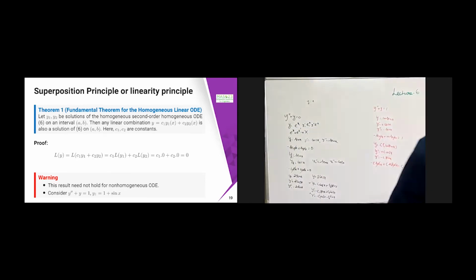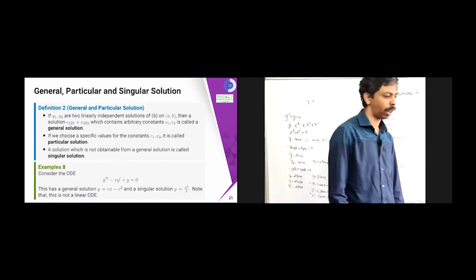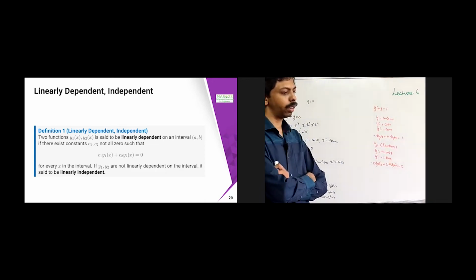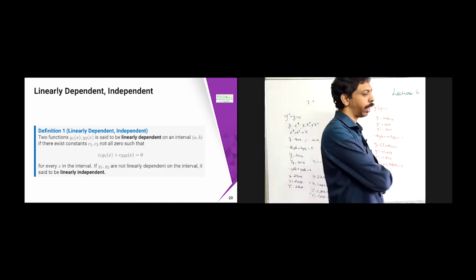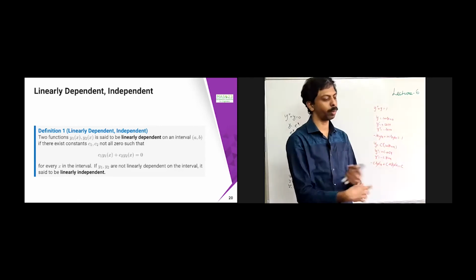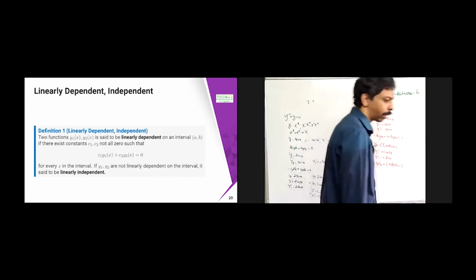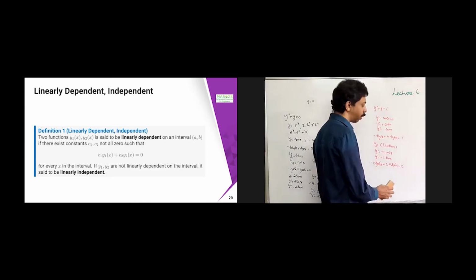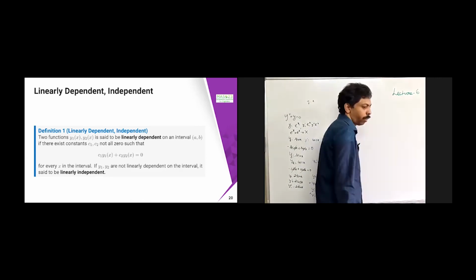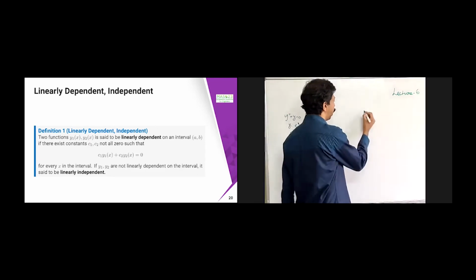So the next theorem. Now we are going to talk about linearly dependent and linearly independent. Suppose two functions y1 and y2 are there. We are going to say what is dependent first. Let's take two functions y1 and y2.